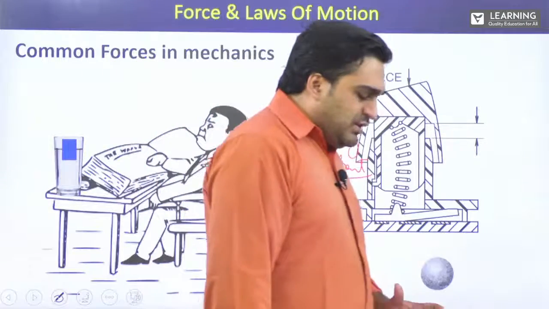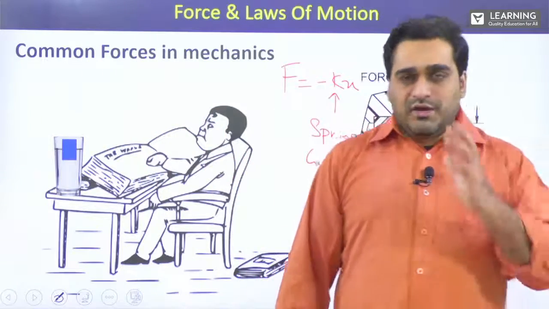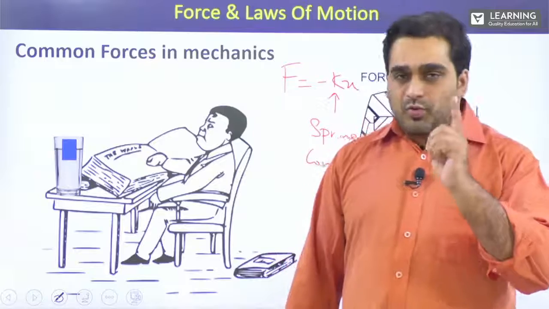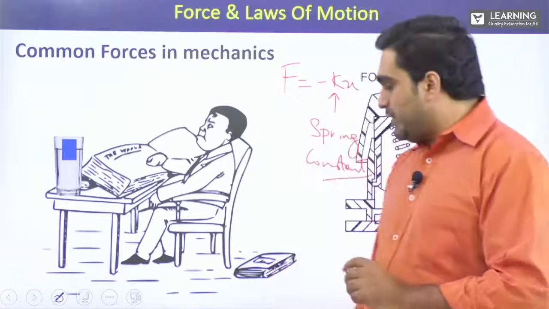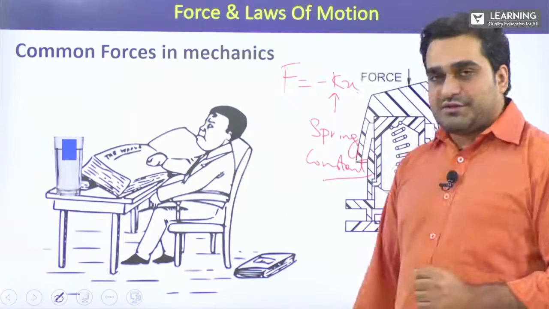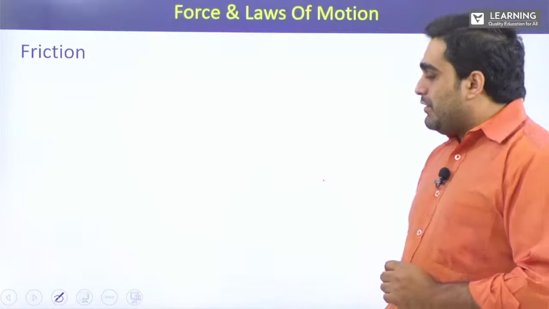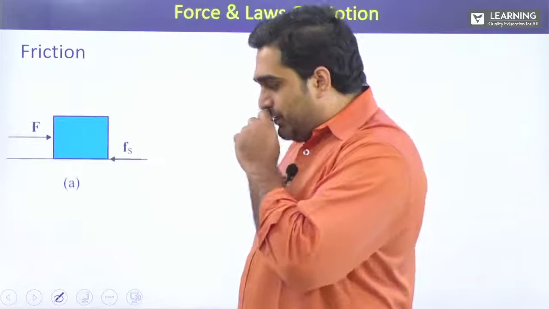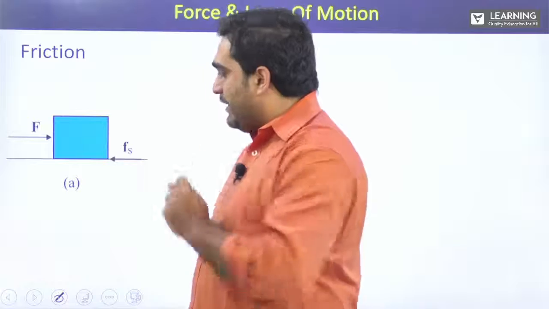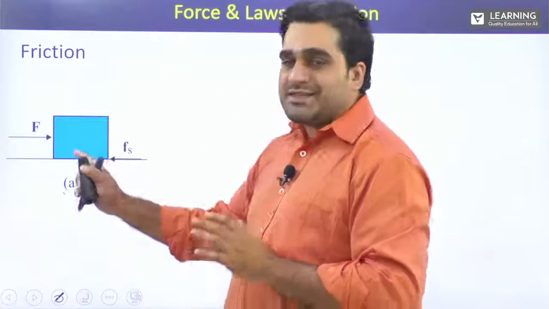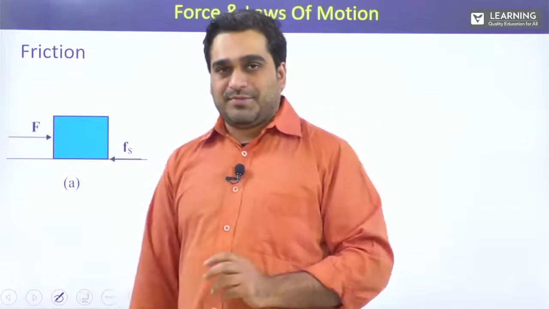So using this set of information, our focus will be on just one type of contact force, which is frictional forces. Let us start with frictional force with this example of a block which is stationary at rest.